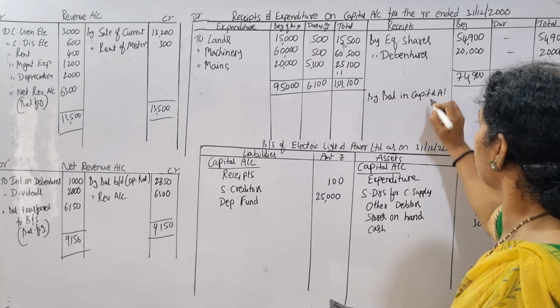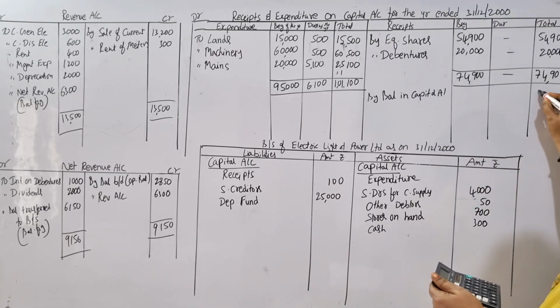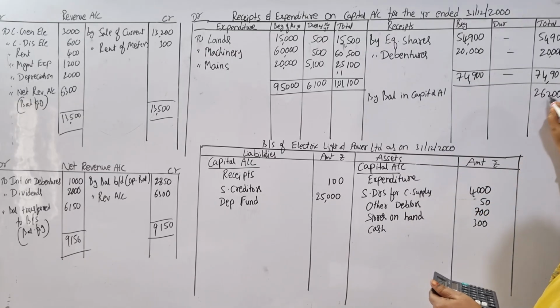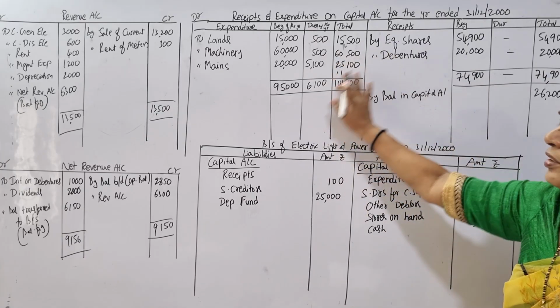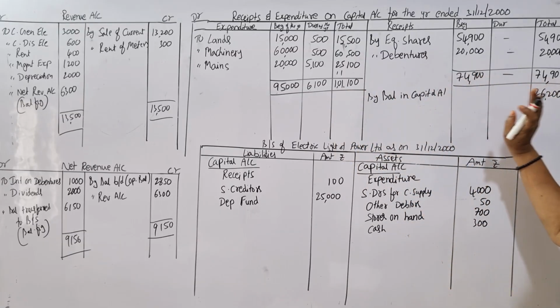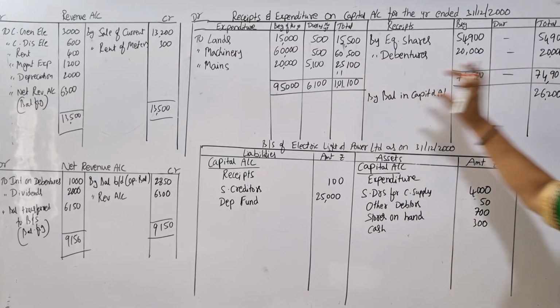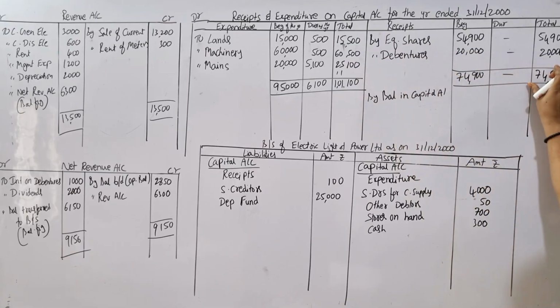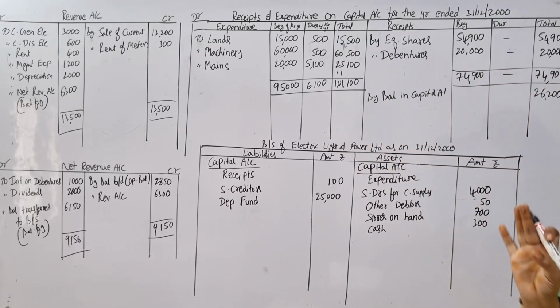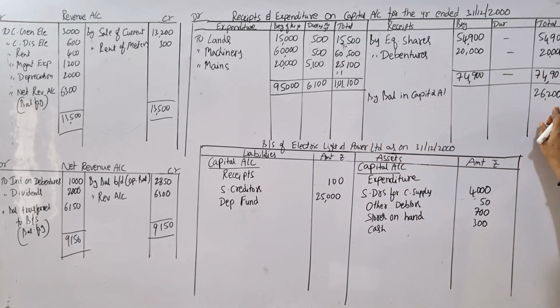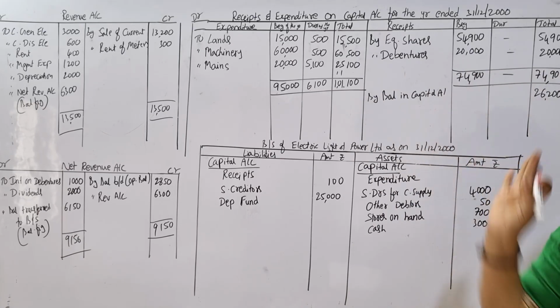How much is it? 26,200. Hope it is clear. We didn't do anything, just simply wrote the total amount. Lastly, this total balance we'll see. This is more, credit side is less. How much is more? 1,01,100 minus 74,900. We are getting 26,200. This will say balance in capital account.